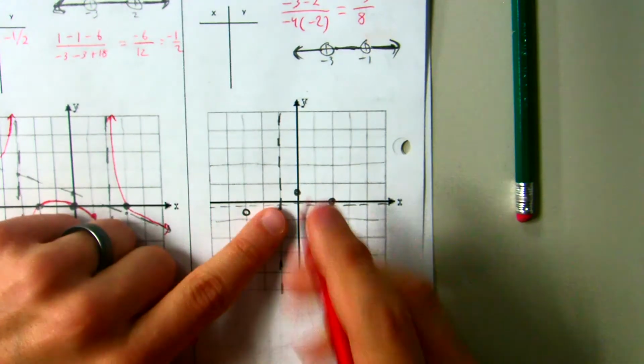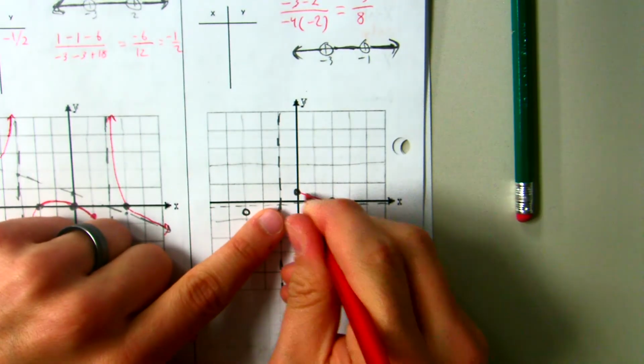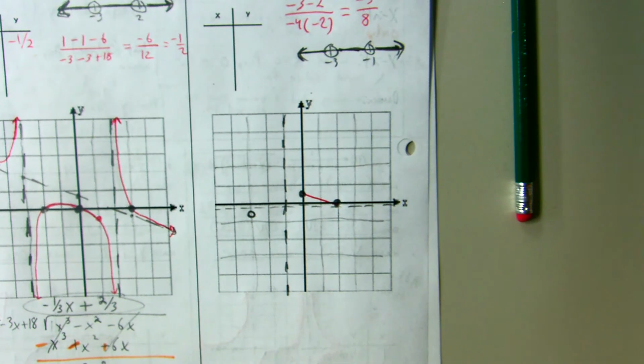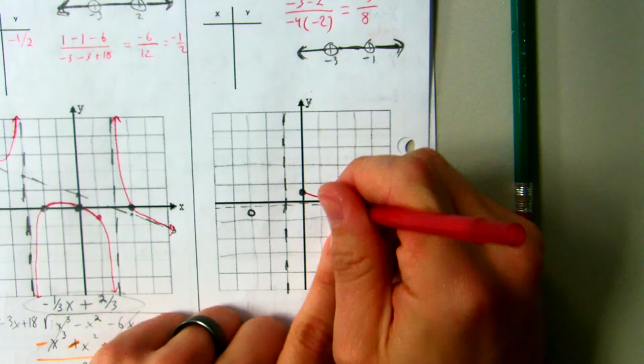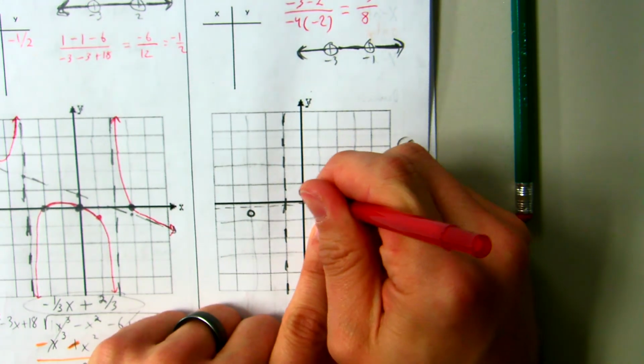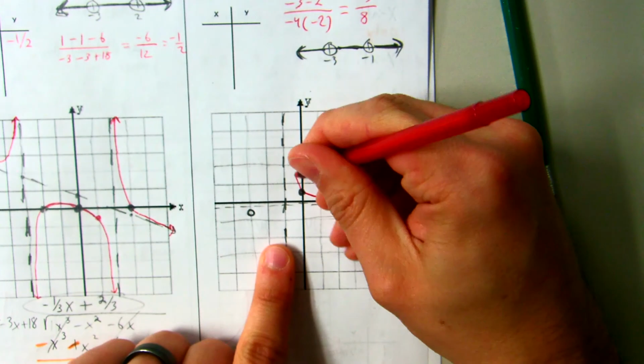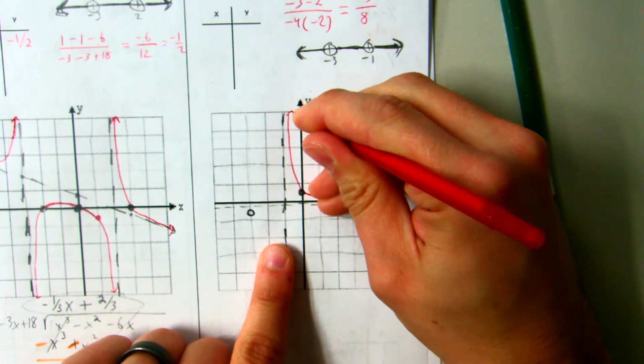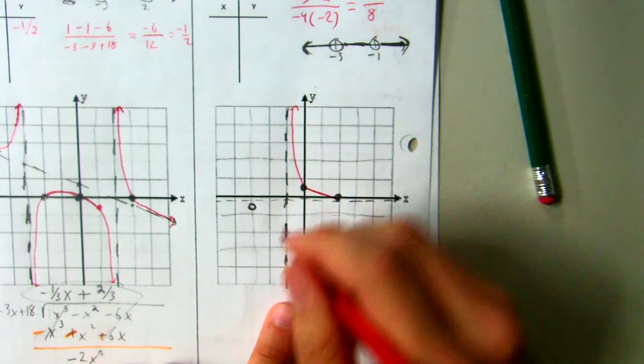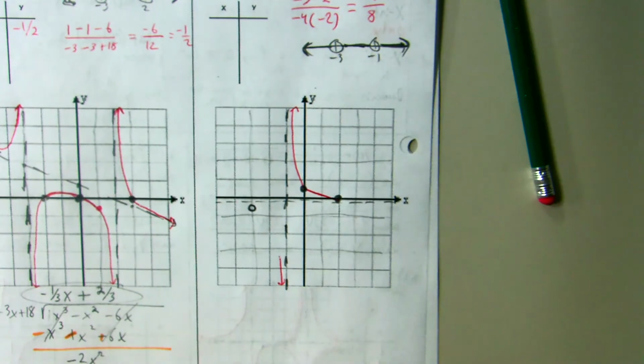But the fact that these 2 on my graph, I know those are going to get connected. And I can see the graph is going up as I go to the left. So this vertical asymptote must shoot up on this side, and down on that side.